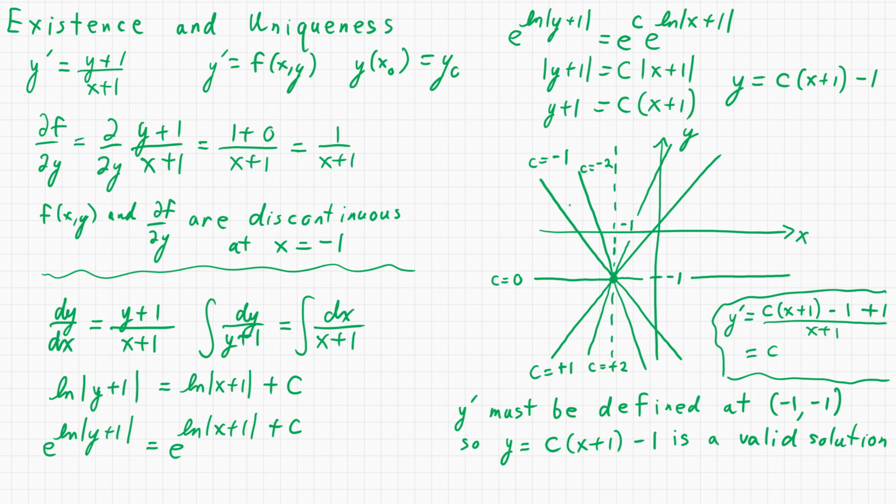We know for sure we're going to have a solution if we start anywhere that isn't on the line x equals negative 1, but the theorem wasn't able to tell us anything about starting on the line x equals negative 1. We had to investigate further to determine if there was a solution there, and if that solution could solve the original differential equation. In particular, y prime had to be defined, and plugging in the solution we found, it looks like it worked with a removable discontinuity.